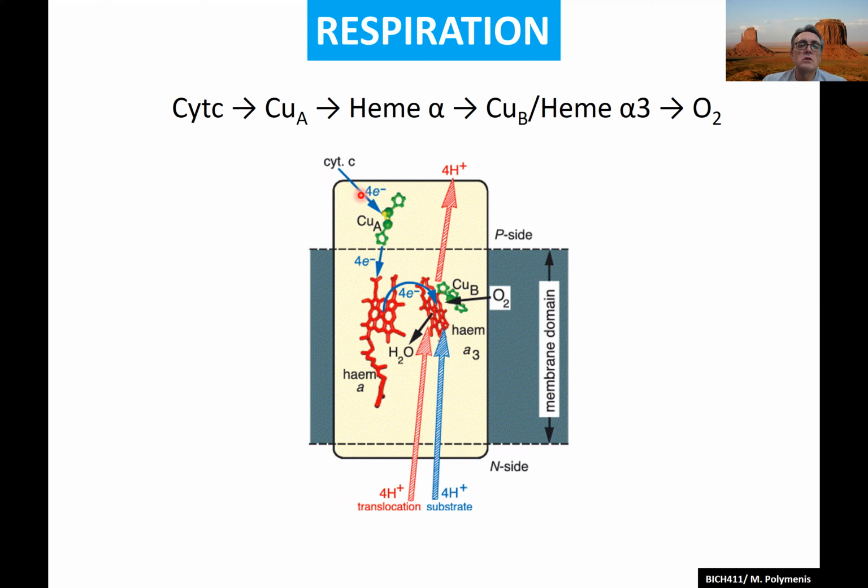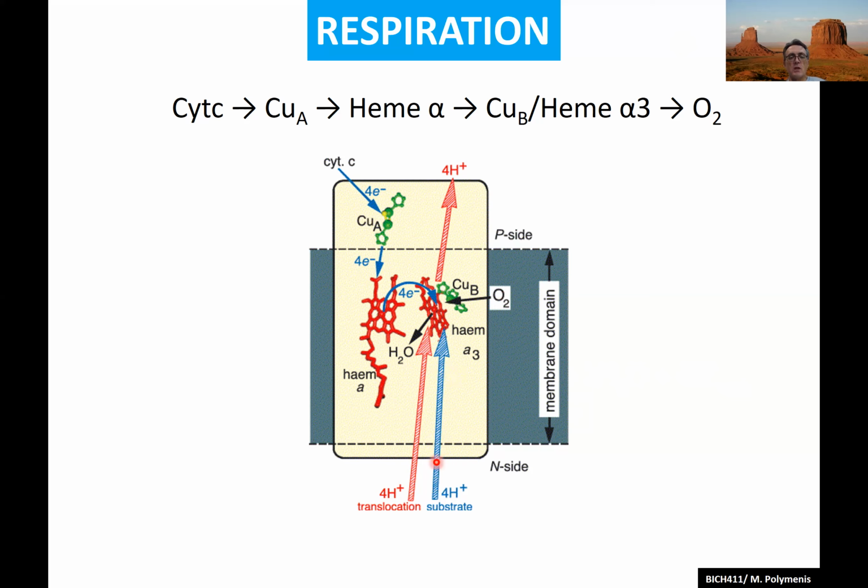So the electrons hit copper A, and then they go through the heme A here in complex 4, before continuing on to copper B, and other hemes are involved, A3 heme, to finally reduce oxygen that comes in here into water.